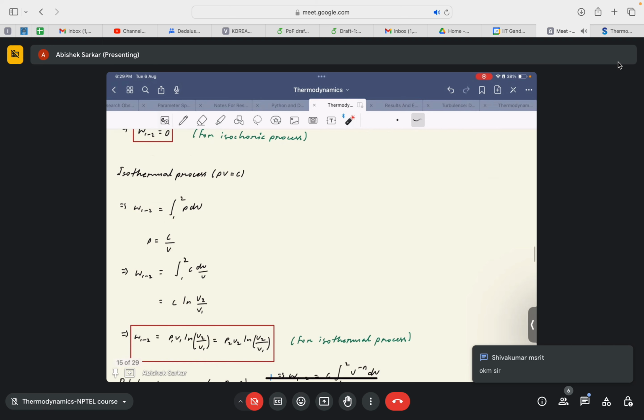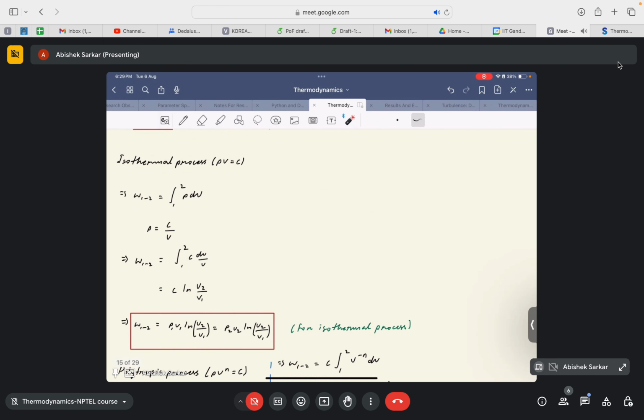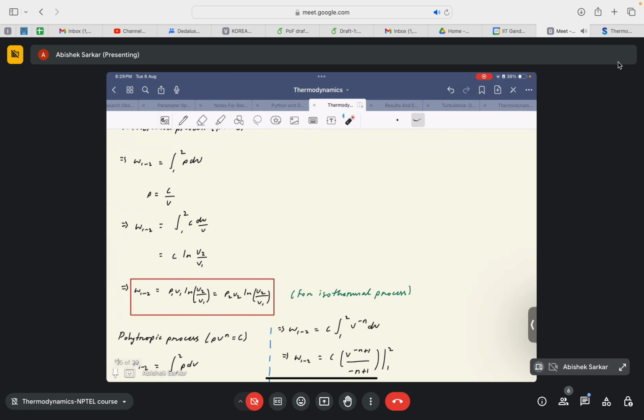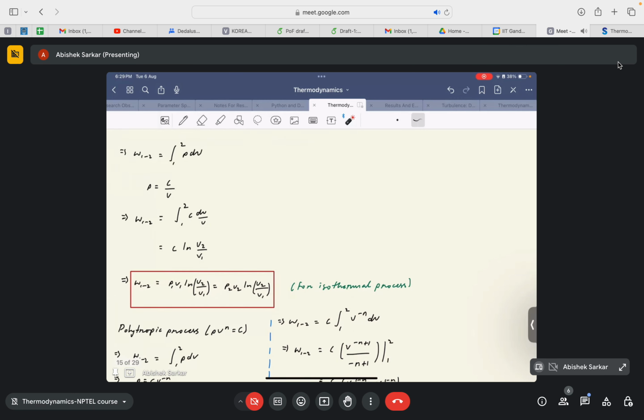Okay, so similarly, now we look into another type of process, that is an isothermal process. For an isothermal process we will have PV equal to constant. Now if we substitute the expression for P as C by V in this equation, then we will get work done from 1 to 2 as integration of C dV by V from point 1 to 2. If we evaluate this integral, we will get work done from 1 to 2 as C into the natural log of V2 by V1.